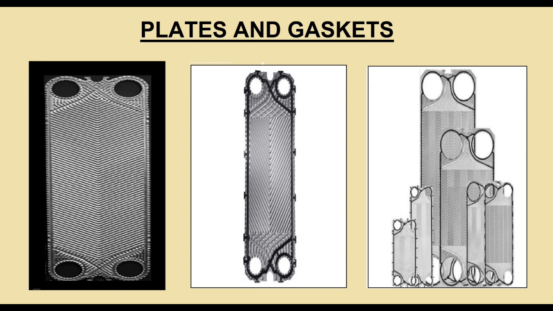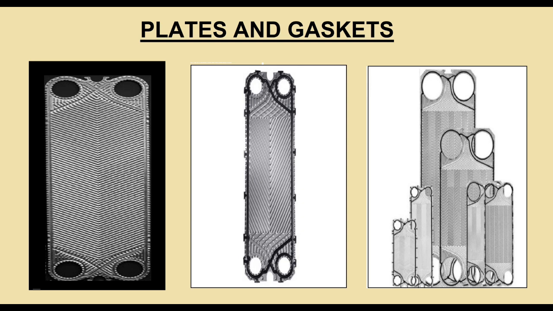Plates and gaskets. The most important and most expensive part of a plate heat exchanger is its thermal plates, which are made of metal, metal alloy, or even special graphite materials, depending on the application. Stainless steel, titanium, nickel, aluminum and tantalum are some examples commonly used. The plates in most applications have corrugations that exert a strong influence on the thermal hydraulic performance of the device.